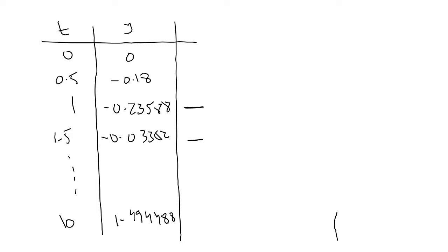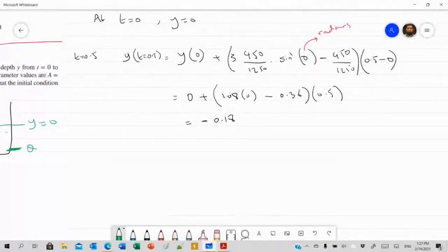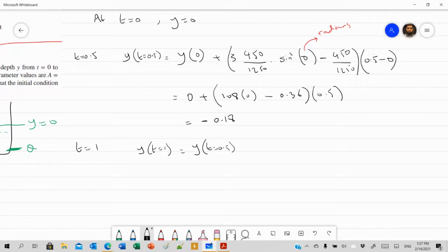Just like we did this now, then the next step, at t equal to 1, you will say y at t equal to 1 is y at t equal to 0.5 plus 3 times 450 over 1250 sine square of t equal to 0.5 minus 450 over 1250 divided by now 1 minus 0.5.